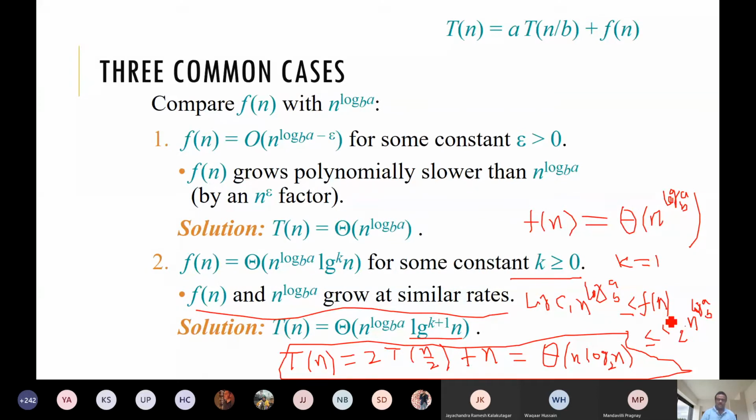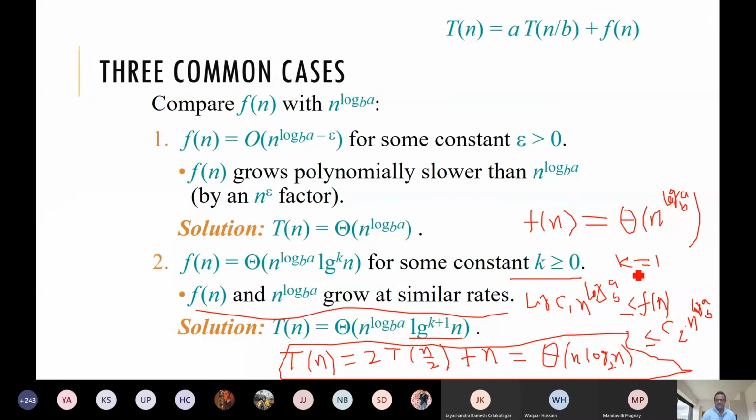We know log n is very small compared to n. If n is 2 to the power 100, log n is just 100. So in this case, their growth is exactly similar when k is 0. But if k is 1, then their growth differs by a log factor, which is small, since log n is small.